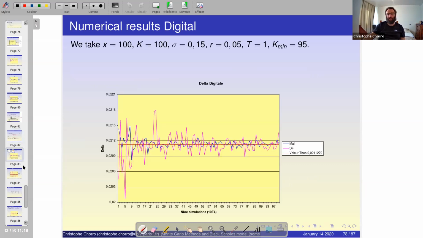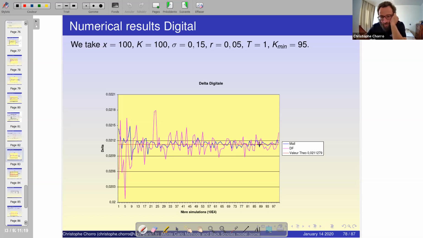I obtain that, in the case of the delta, once again, here it's a little bit different. Here I see that if I want to compare the blue, that is the approach with the weights, and the pink, that is the naive approach, finite difference plus Monte Carlo, it's complicated to compare them.